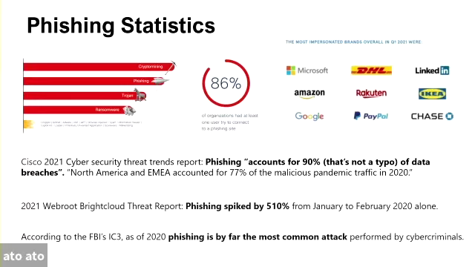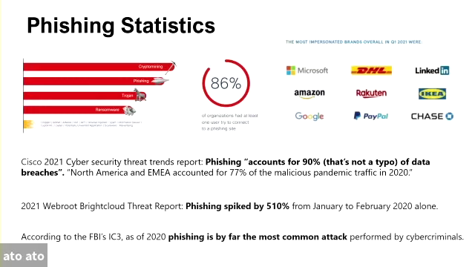Unfortunately, most of the time we find something malicious unintentionally. According to some statistics, phishing accounts for about 90% of data breaches, and it is the most common way for cyber criminals to perform an attack. And it's gotten worse since COVID.